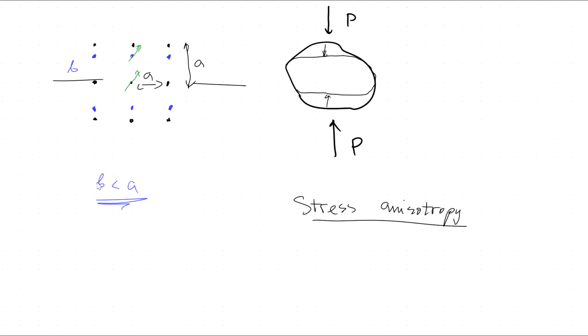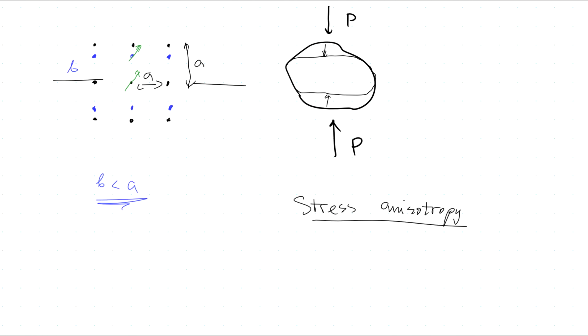So stress anisotropy, we also can name it stress-induced anisotropy, is the fact that we bring atoms closer together along one dimension. The other thing is that you can compress your material along all directions. That would change the interaction between atoms, but that will not introduce any anisotropy. So stress anisotropy is for uniaxial stress.